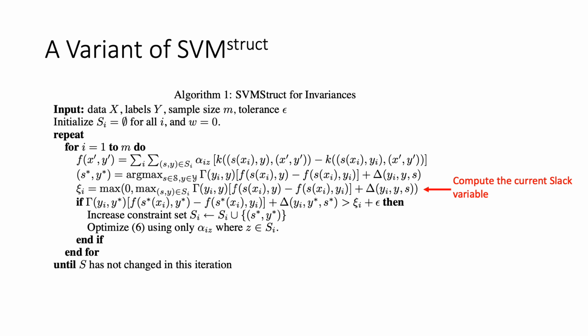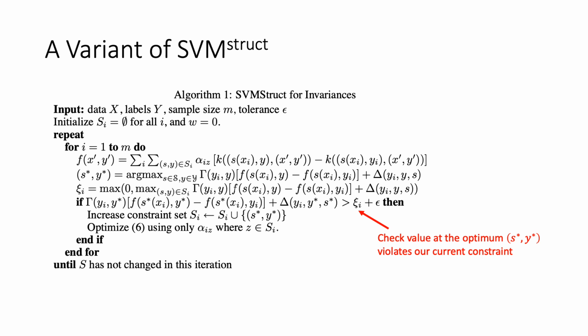So we take our loss function with the s star, y star optimum that we just computed. We plug that into our loss function. And if that loss function value is greater than the current slack variable plus the epsilon tolerance that we allow, that means that the s star, y star pair that we just found is a worse constraint violator, a worse margin violator than the current worst margin violator that we have.